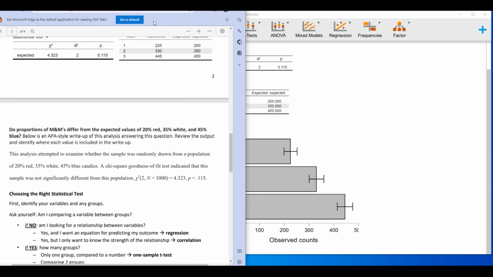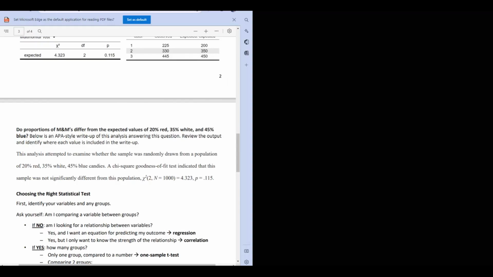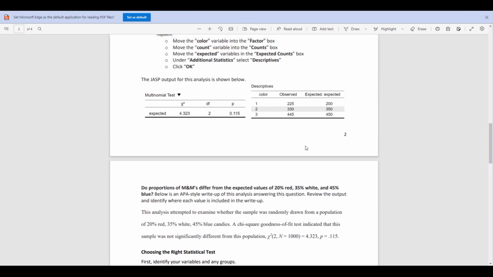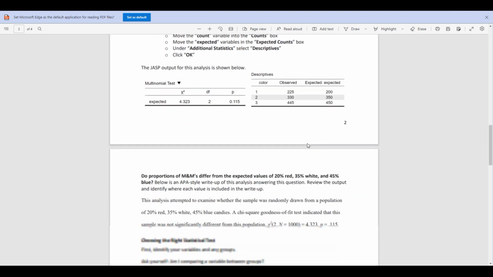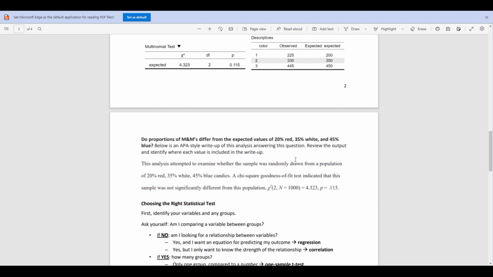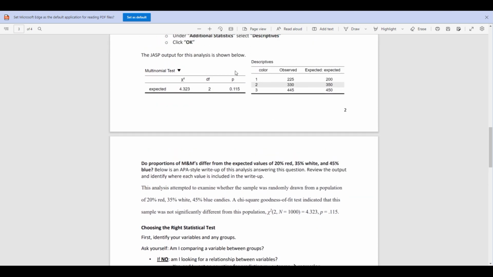So let's go back and consider our output here. How do we then determine whether we would conclude if there is an issue with the machinery? So as usual, we are going to be examining our p-value and comparing it against our alpha of 0.05.